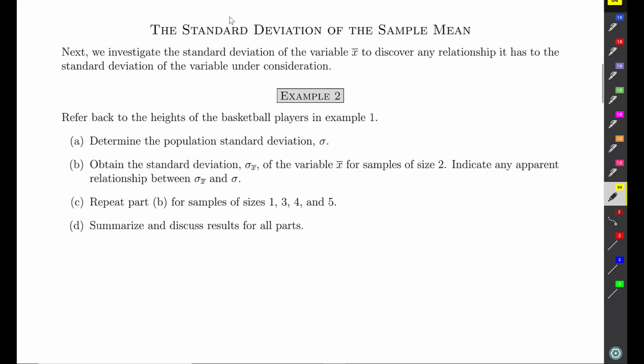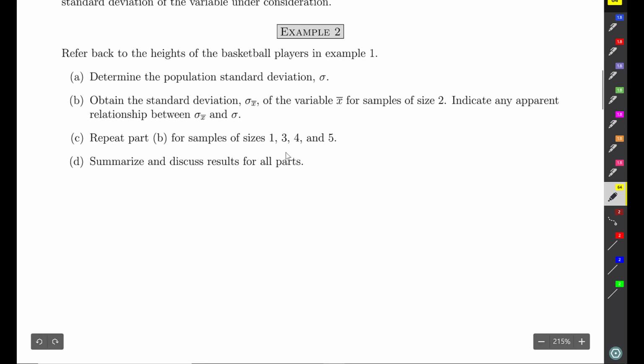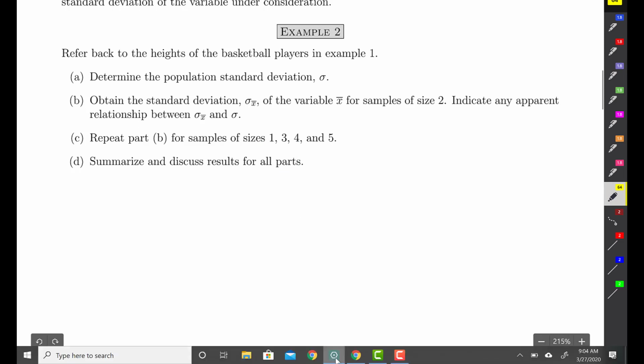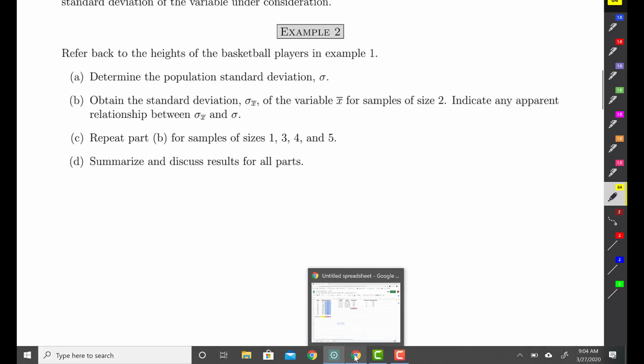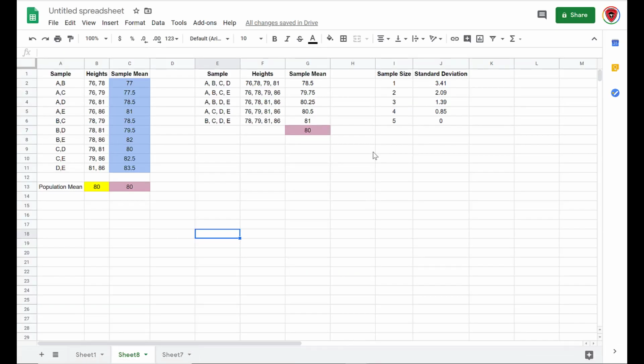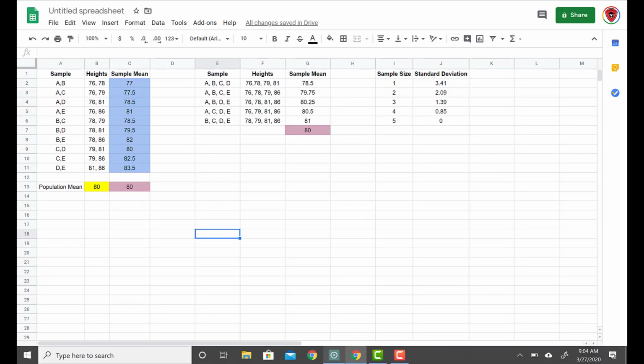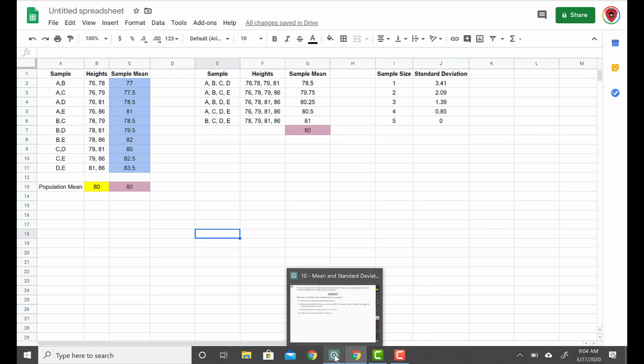So for part A, it says determine the population standard deviation sigma. I think I may have already calculated it. I did, but I didn't show how. So let me go back.